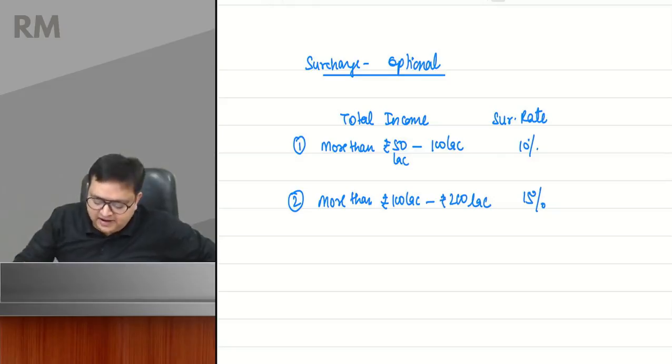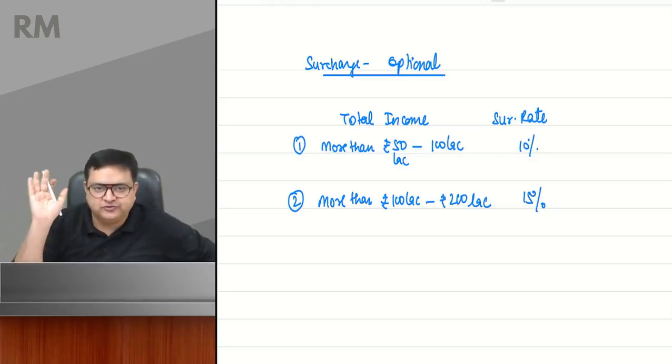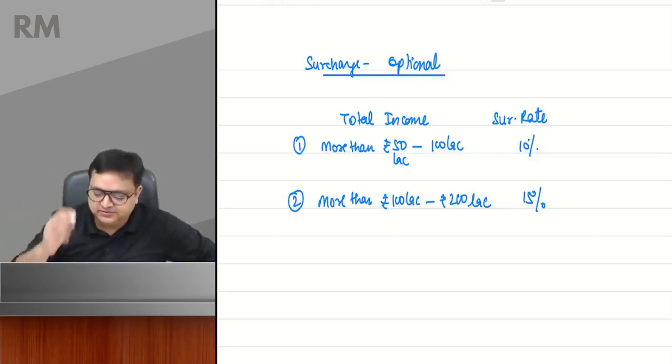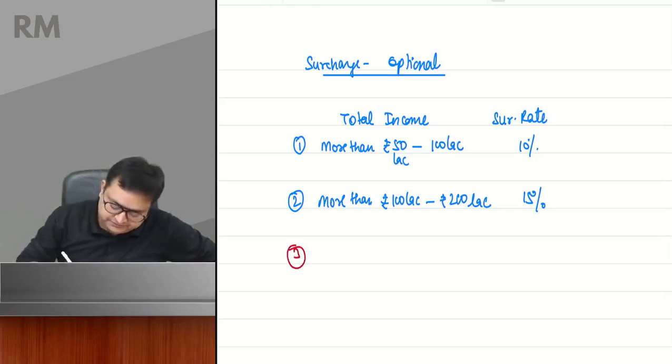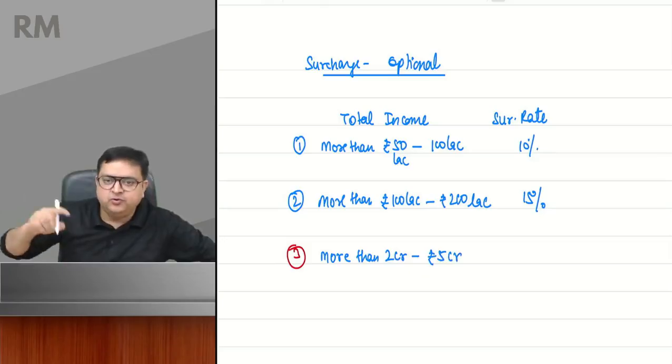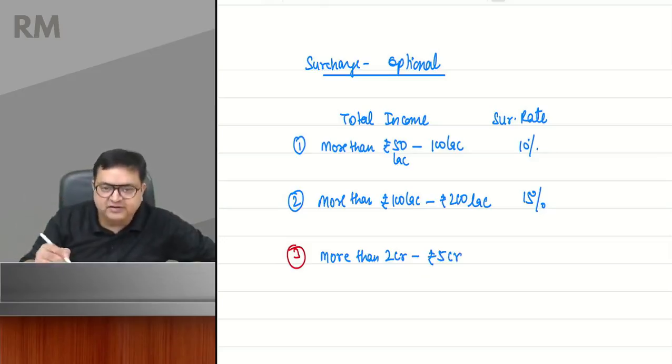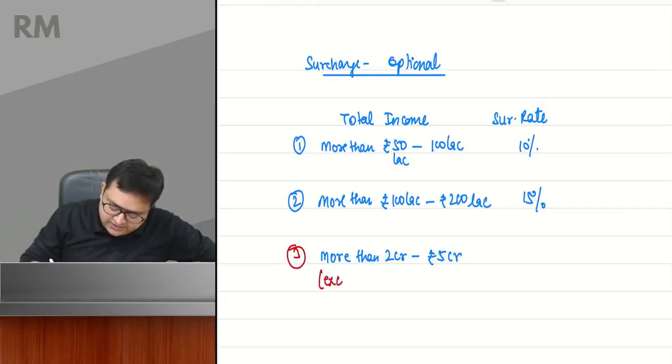Up till 15%, these stock market players have no issues, but as soon as it goes above 15, they have issues. Third, it says more than 2 crores up till 5 crores, but it will say a very important thing, excluding 111A, 112, 112A, dividend income, then 25%.